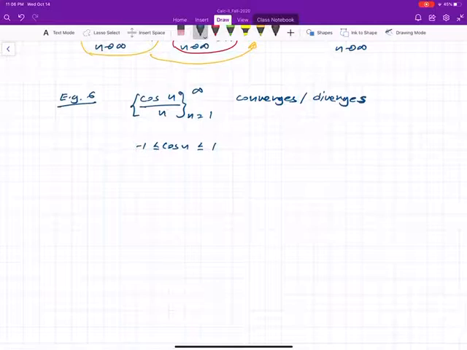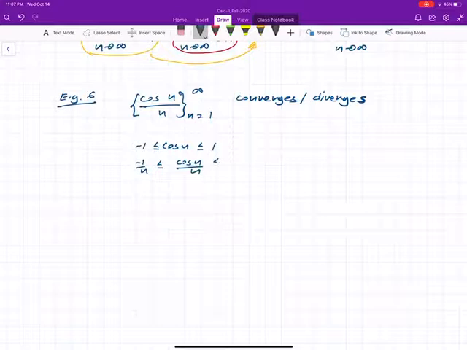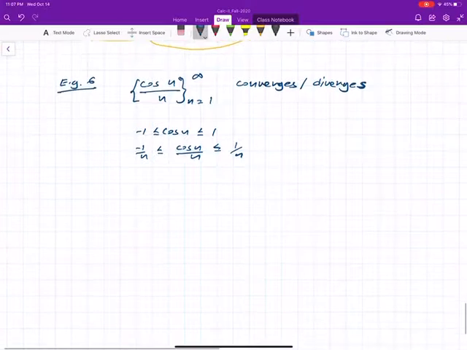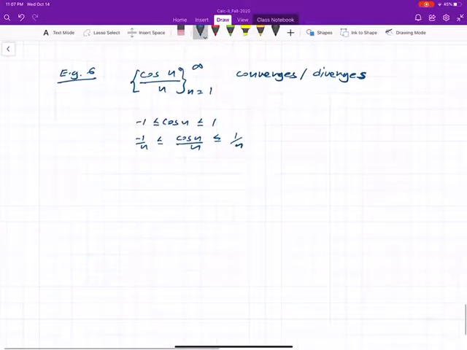You made that already. Now I divide the entire inequality by n. I divide -1 by n, then I write cos n over n, 1 over n. Now I'm taking the limit of the entire statement.